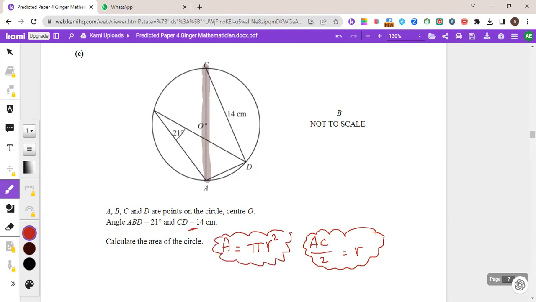So from where can I start? C is also 21. Yes, correct. So angle C equals angle B equals 21.